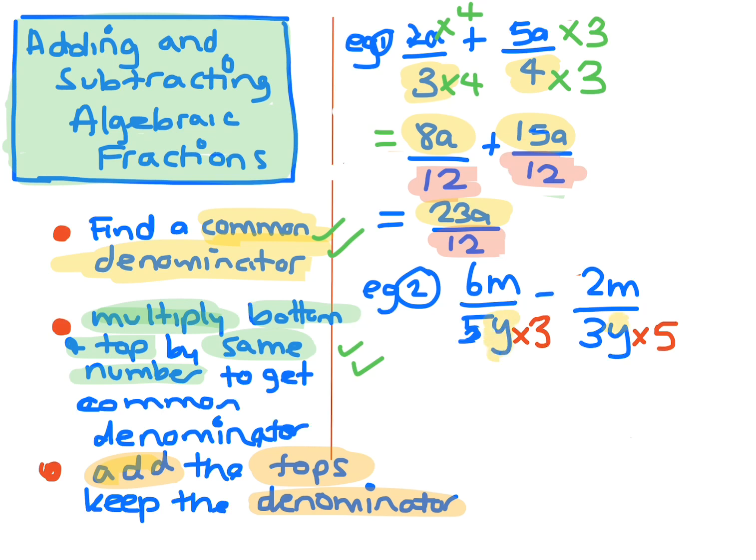See how there's a y here and there's a y here. So you only need to count it once, okay? So you count the denominator with the y there, and if you just times that by 3, then you will get, as a denominator, 15y. And then 3 times 5 is 15y.